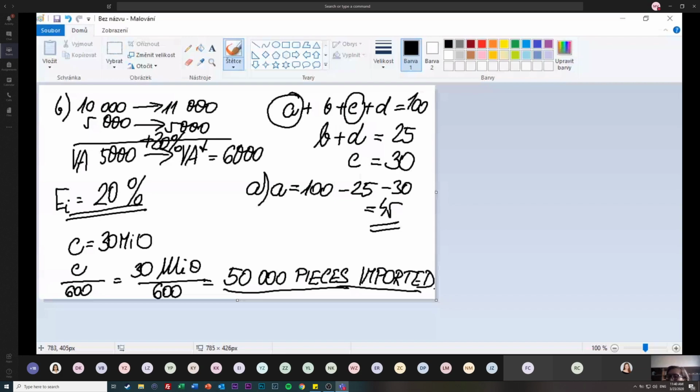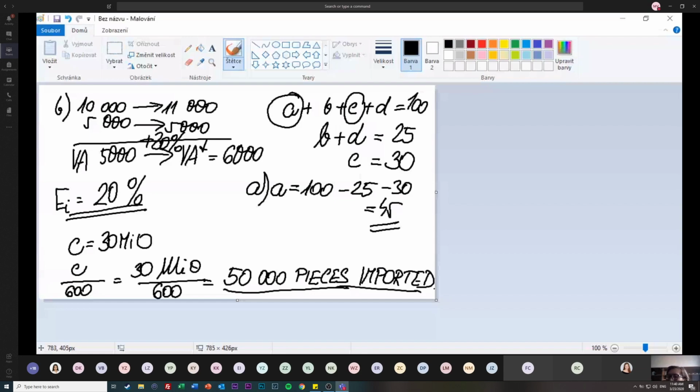So the first exercise is how much is terms of trade. According to the formula, and you can see if you use a calculator, it's about 99%. So it's worsening. Terms of trade worsened. What does it mean?